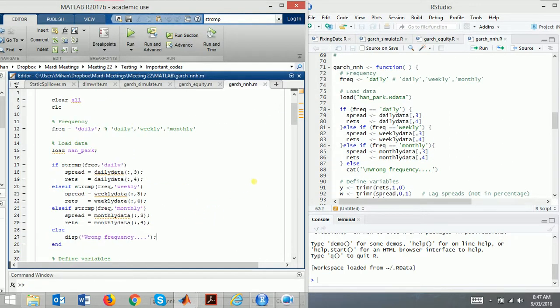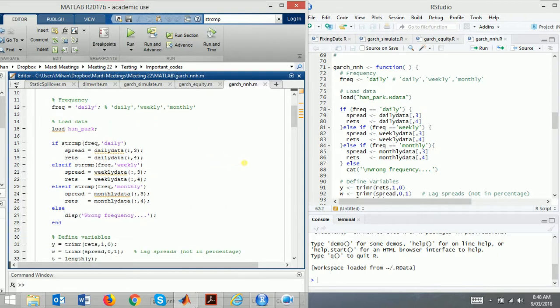So we are taking daily data, frequency on a daily basis, and there are 3 frequencies: daily, weekly and monthly. Again, after the data has been loaded, we are doing string comparison, and if frequency is daily, we are taking the spread for the third and the fourth column.